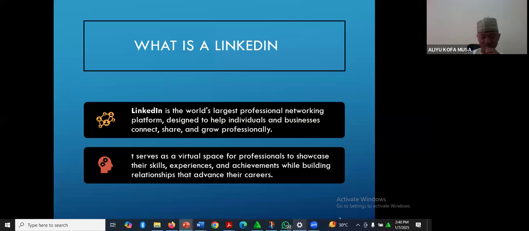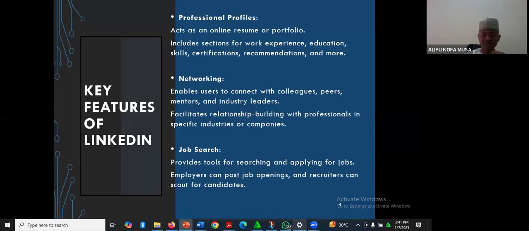So LinkedIn is number one for networking for career advancement and for job searching. Any other platform is second to LinkedIn.